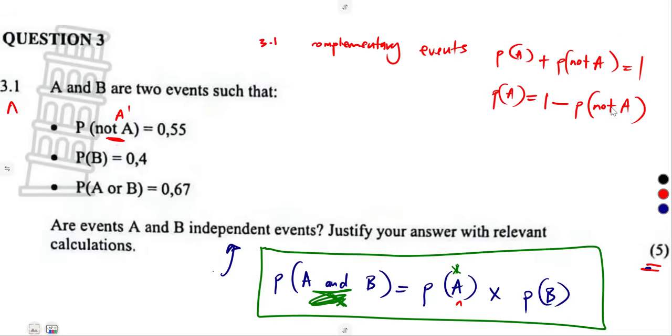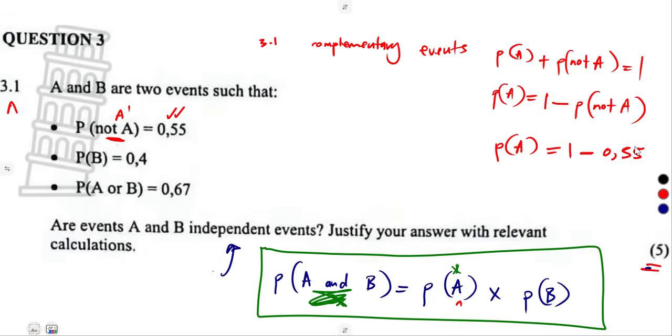So with this condition, we are going to consider substituting: probability of A is equal to 1 minus P(not A). What is not in A, that is 0.55.